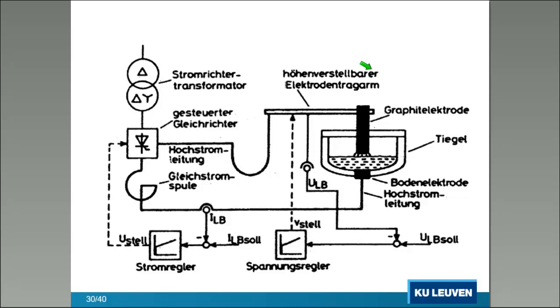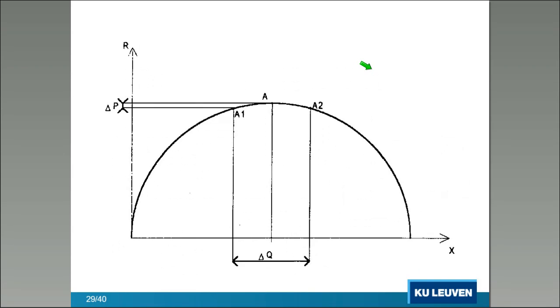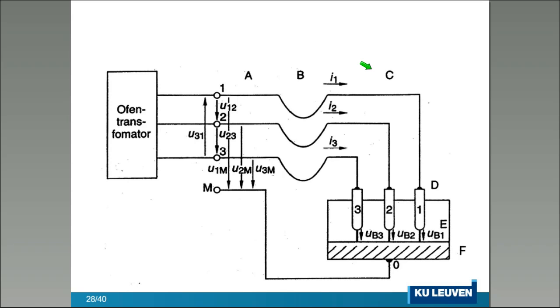Now I want to make clear, also in a few words, I think, why you do not have that much of this flicker problem with the direct current electric furnace. First of all, let me go back maybe to the alternating current electric arc furnace. And, well, how do we regulate power here?